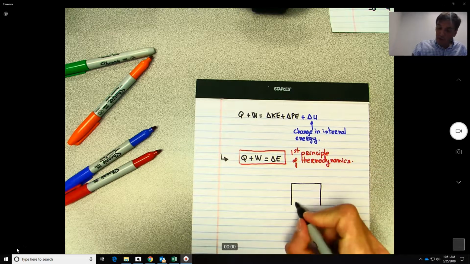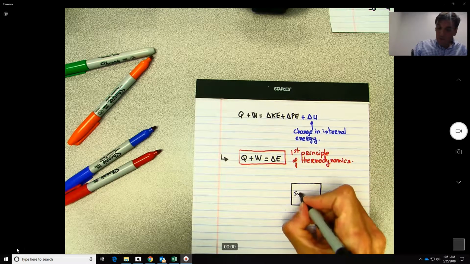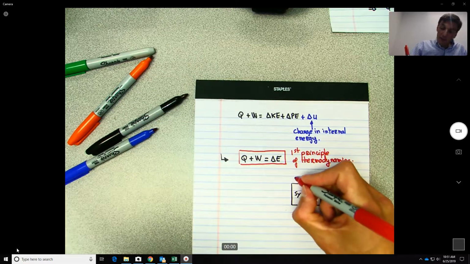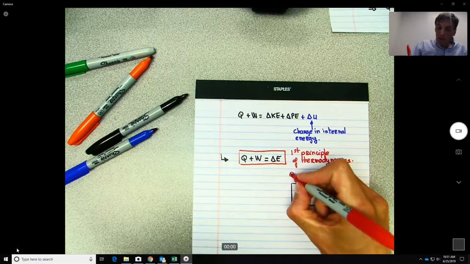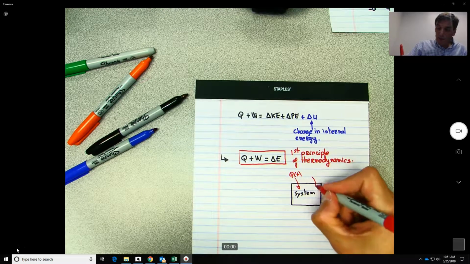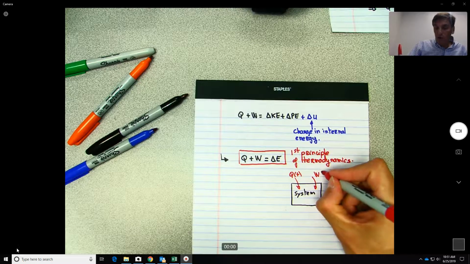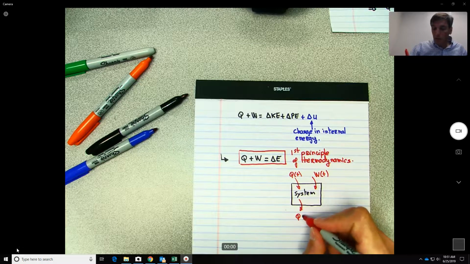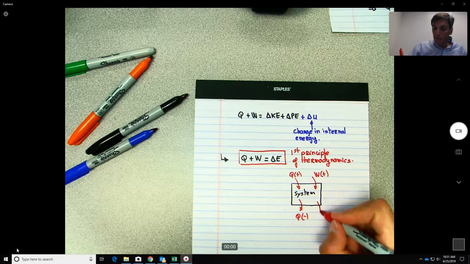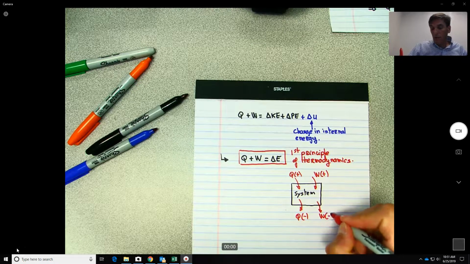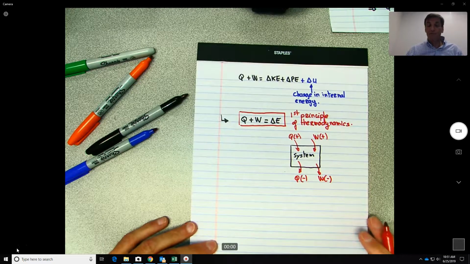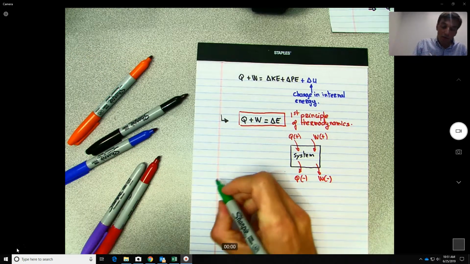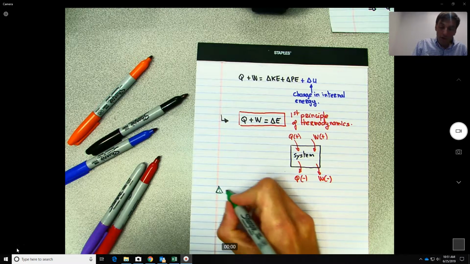If this is your system, the amount of heat going in will be positive, the amount of work done on the system will be positive, the amount of heat coming out will be negative, and the amount of work done by the system will be negative. Okay, so this is an important note.